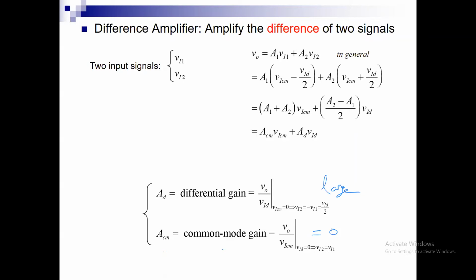The differential gain is VO over VID when VICM tends to 0, and the common mode gain is VO over VICM when VID tends to 0, and it's clear from this equation. Our objective is to set the common mode gain to 0 in our design, such that, as we will see in the coming example, we can force it to be 0 and maintain AD to be large.